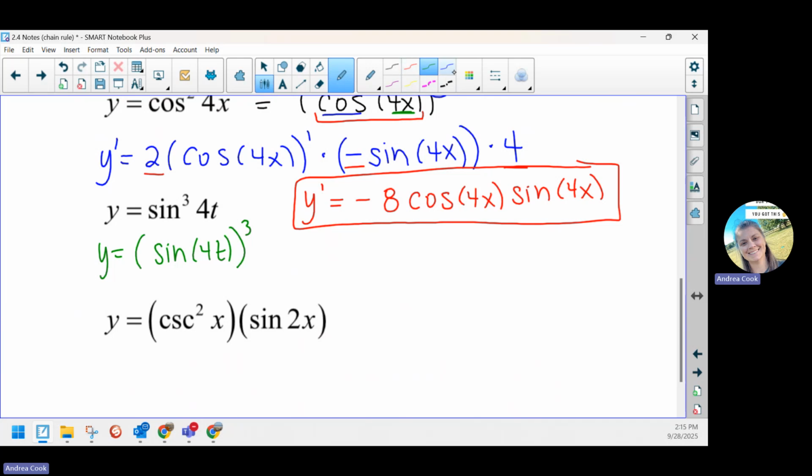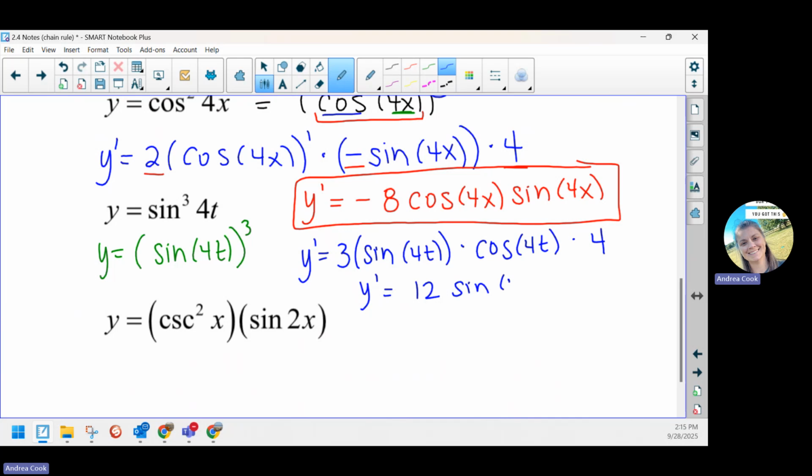So when I go to find the derivative, again, I do e, which is exponent, times the derivative of the trig, derivative of sine is cosine, times the derivative of the angle, which is 4. So this answer would be 12 sine squared 4t cosine 4t.